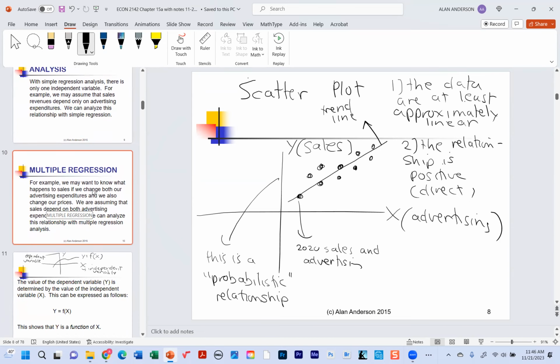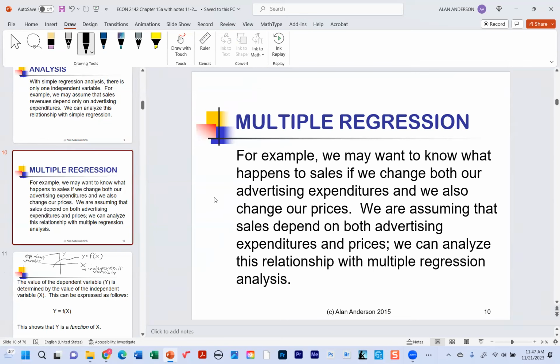Multiple regression, which we'll not be covering, means that we're allowing for the possibility that there could be two or more independent variables. Okay, so let's say that instead of sales depending on advertising only, let's say that we assume that sales depend on both advertising and the prices that we're charging.